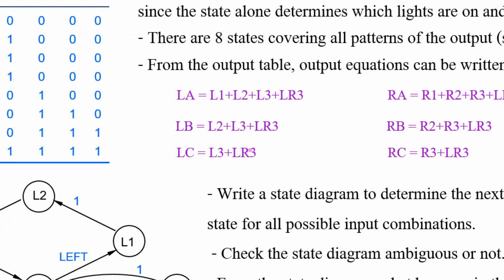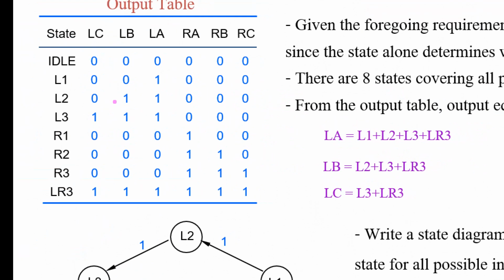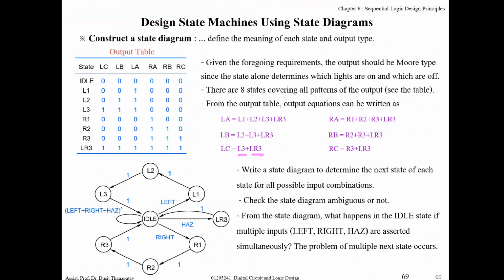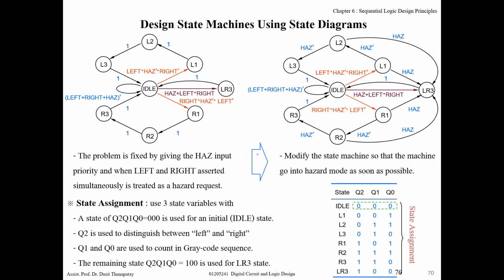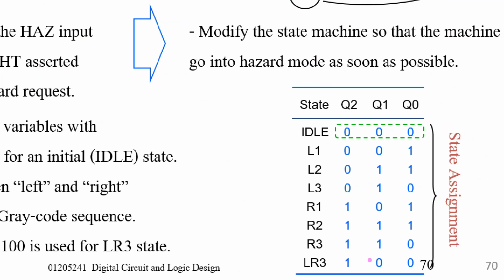For example, output LC is L3 or LR3, right? By using this state assignment, L3 is what? L3 is 0, 1, 0.